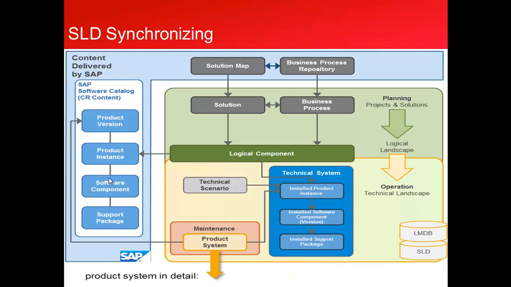A software component is the product versions bundle that are made available at the same time for implementing a specific scope or functionality. A software component is the smallest entity that can be installed on a technical system. Then you have support package.